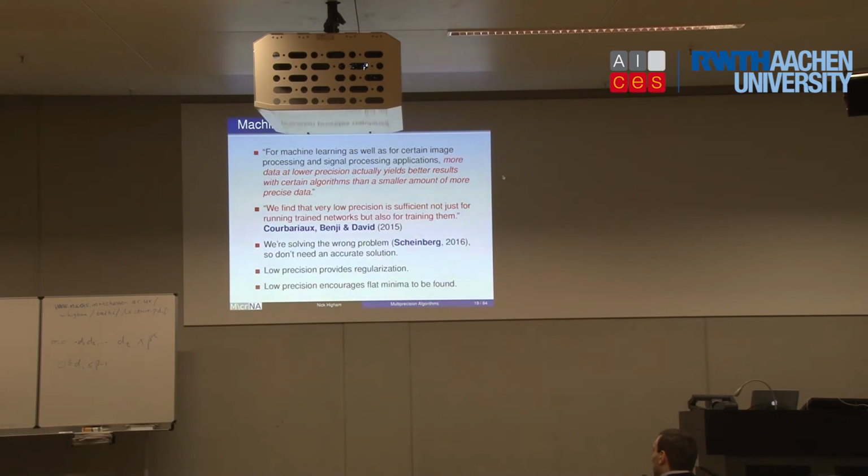The original problem is too difficult, too nonlinear, too hard to solve, so it gets replaced by a different problem. That's the one machine learning solves. And since that's the wrong problem, there's no point solving it to high accuracy. That's one argument. The second argument that people often make, and it's a bit hand-waving, is that low precision provides regularization. So it's adding noise into the computations, and for some reason that's thought to be beneficial for machine learning.